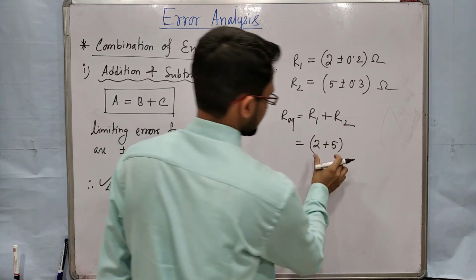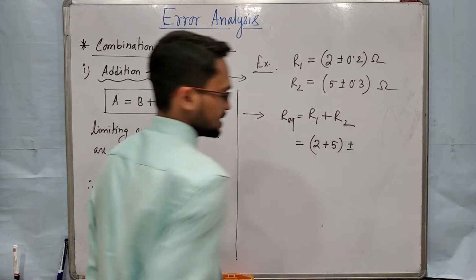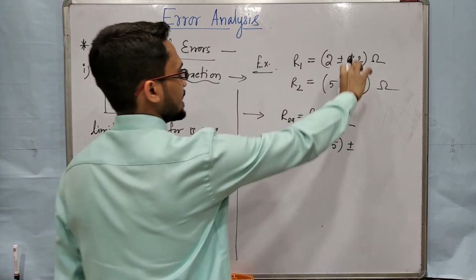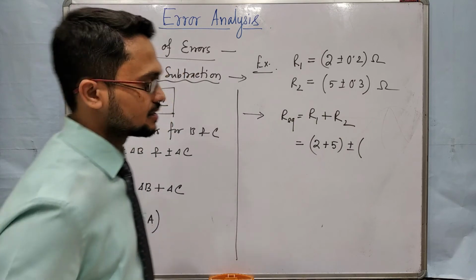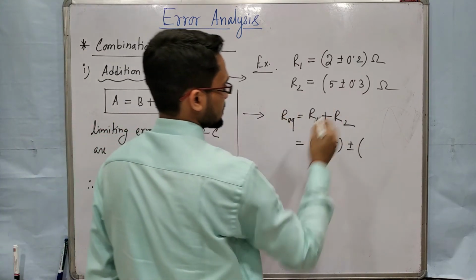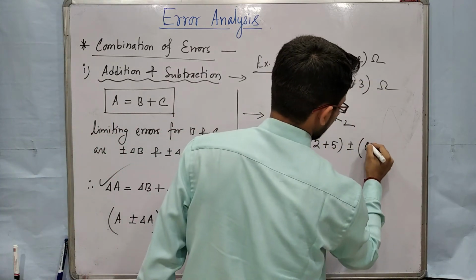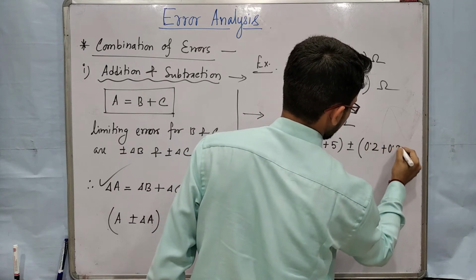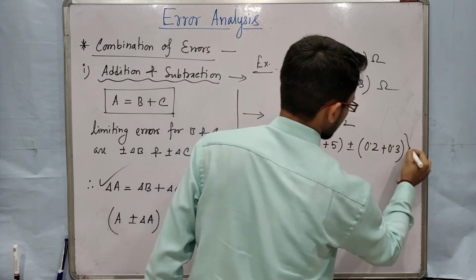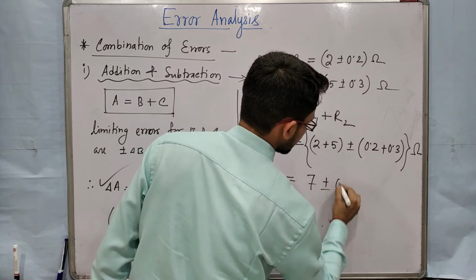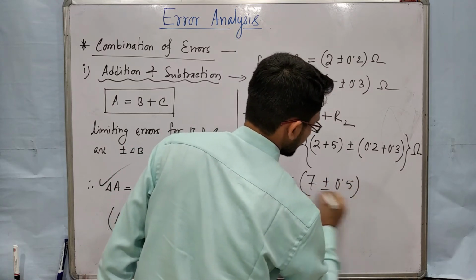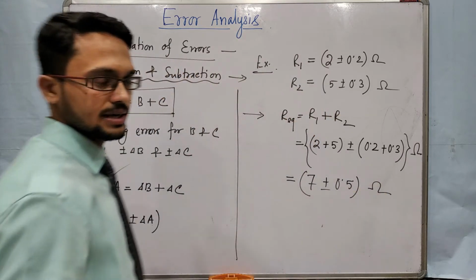Then after this true value, the plus minus sign. For the error part, we will add them because the formula is an additive relation. So we will add the error part simply, plus 0.3. So it will be 7 plus minus 0.5 ohm.